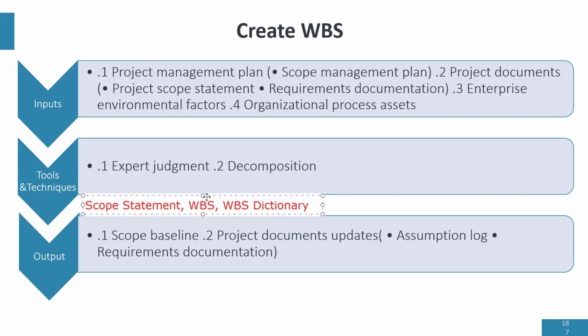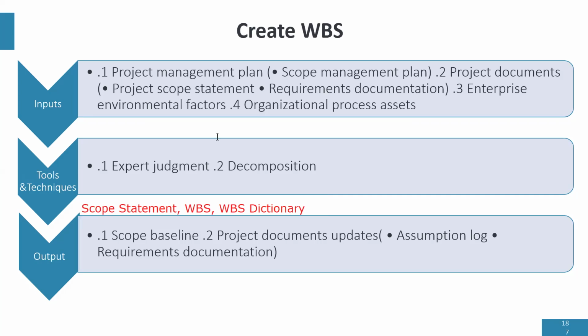These 3 documents form your scope baseline. Okay? And once you create your scope baseline, you are going to go on further by planning in other areas like schedule, cost, and so on.